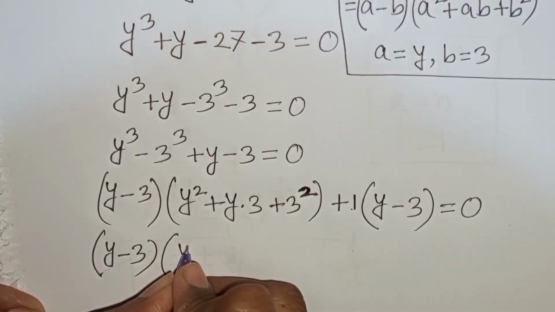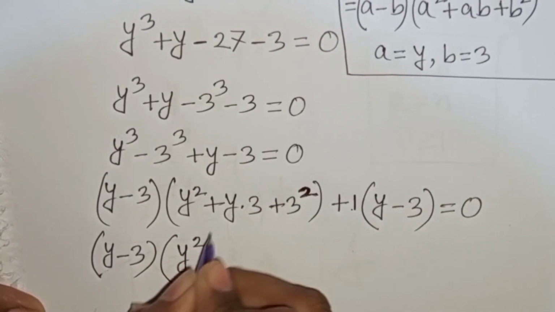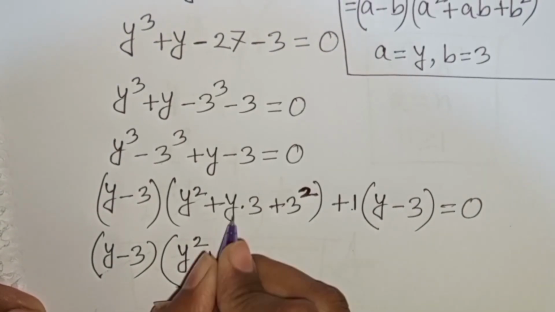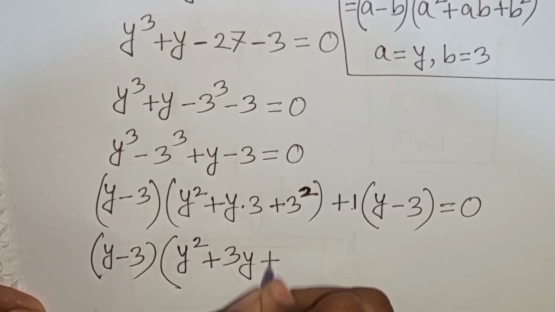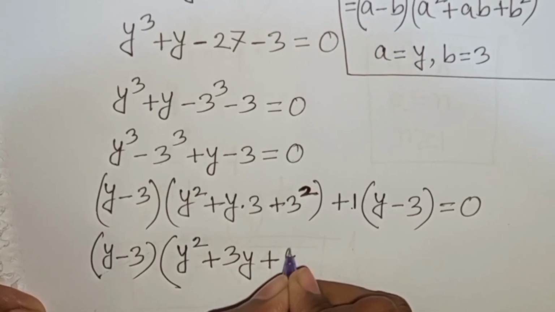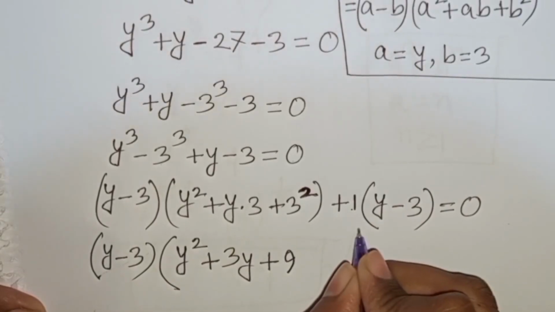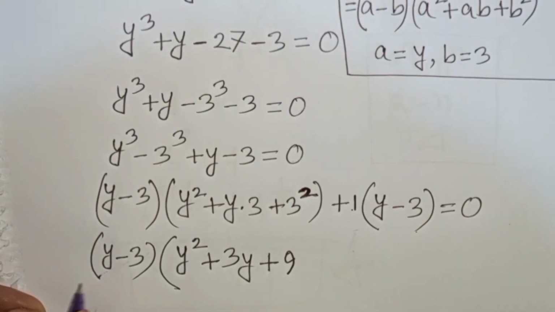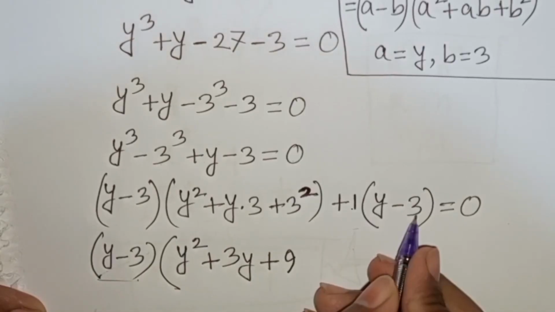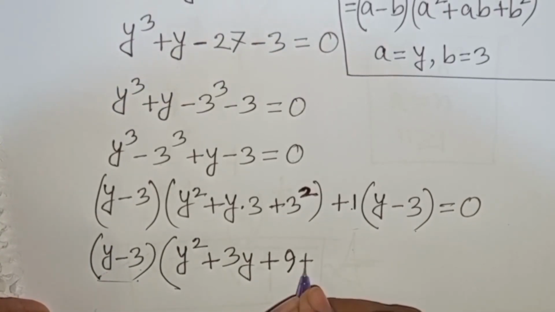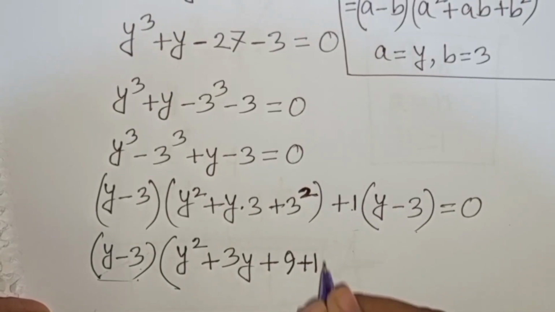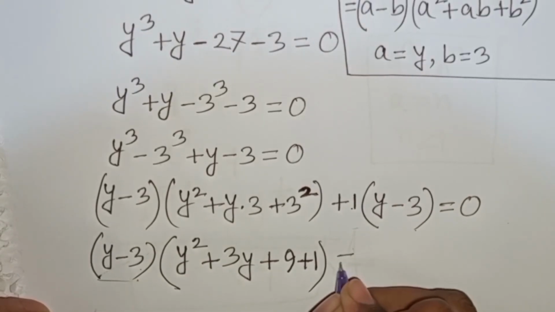So we have y square plus y times 3, that means it will be 3y plus 3 square is same as 9, then this divided by this, that means this y minus 3 will be cancelled, so here plus 1, then bracket close is equal to 0.